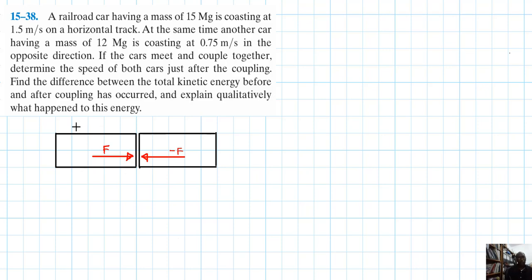Let's call this car A and this car B. Our VA here is 1.5 meters per second, in this direction.